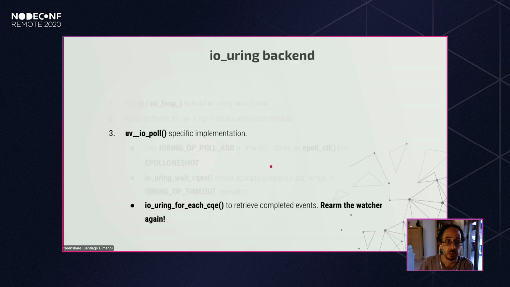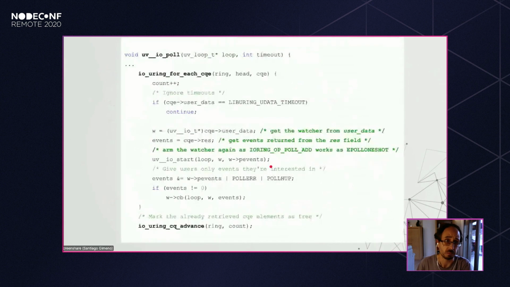And then finally, we retrieve the completions and call the watcher callbacks. For this, we use the io_uring_for_each_cqe helper, which allows us to loop through the current CQE events available in the completion queue. First, we check if user data is set to the libuv udata timeout, which we just ignore because it's the completion of the timeout we had set in the io_uring method.